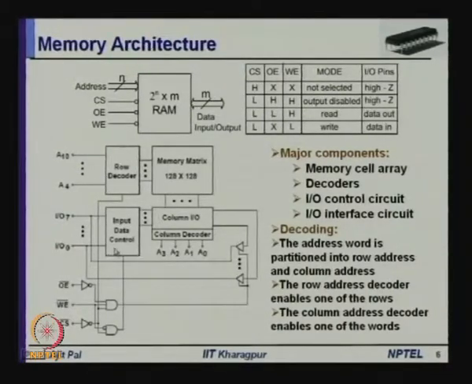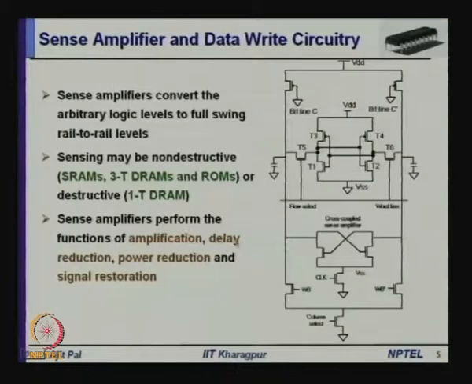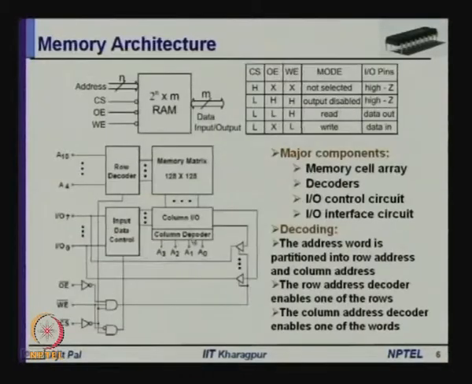If you are performing a read operation, then the data from the memory matrix will go to the sense amplifier. Then from the sense amplifier it will go to the interface circuit, and it will be available on the output line. On the other hand, if it is a write operation, data will go through these lines, this input data control, and will be written into these cells the way I have explained.